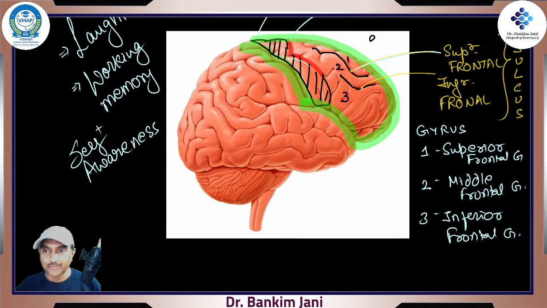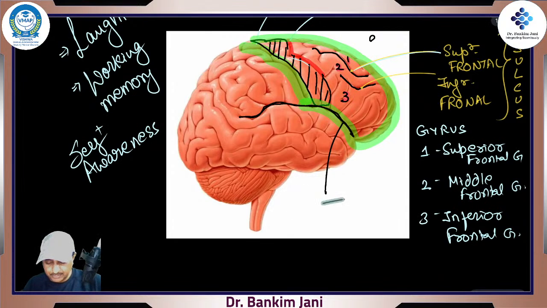Now this inferior frontal gyrus is once again divided. Don't worry, we'll summarize it properly. For that, we need to understand that there is another big sulcus going all the way, called the lateral sulcus.